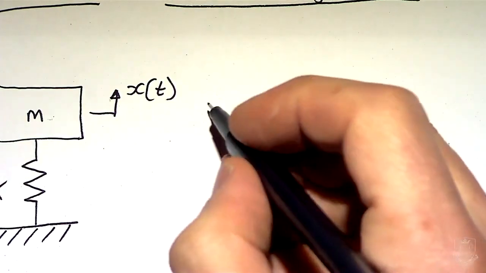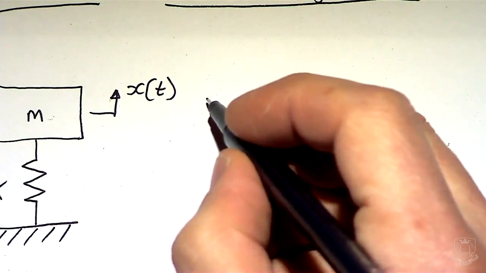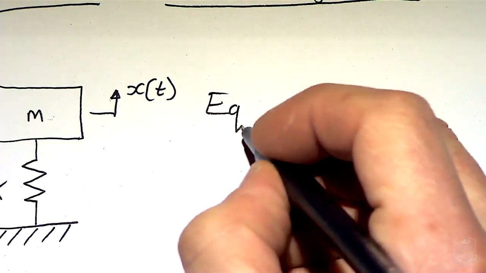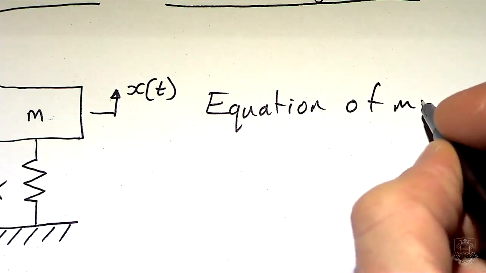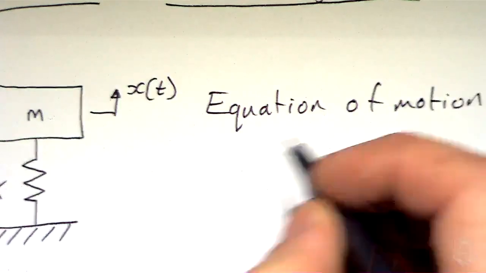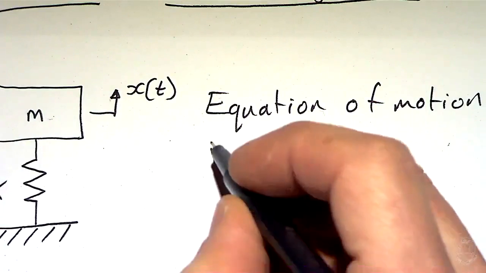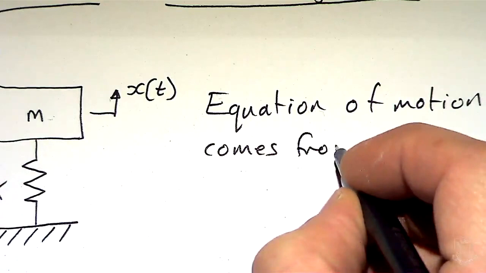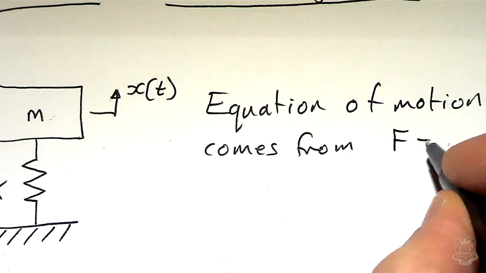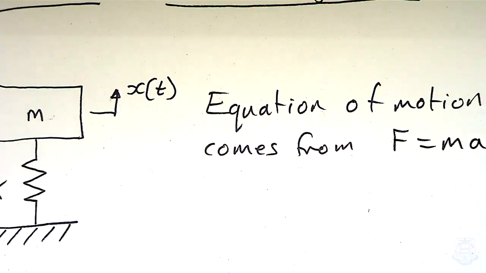So the equation of motion comes from F equals ma, which is what we talked about last time, isn't it?